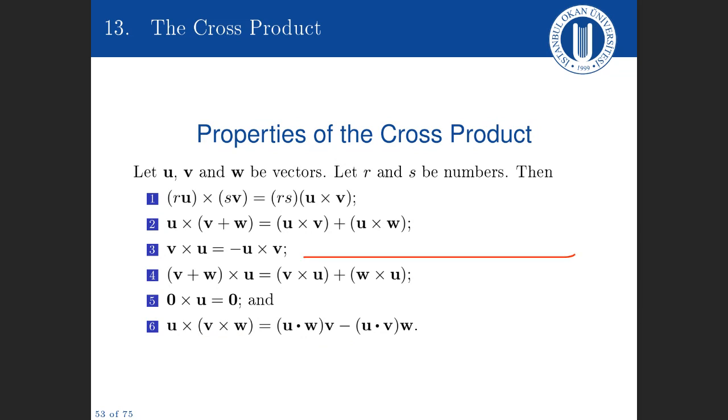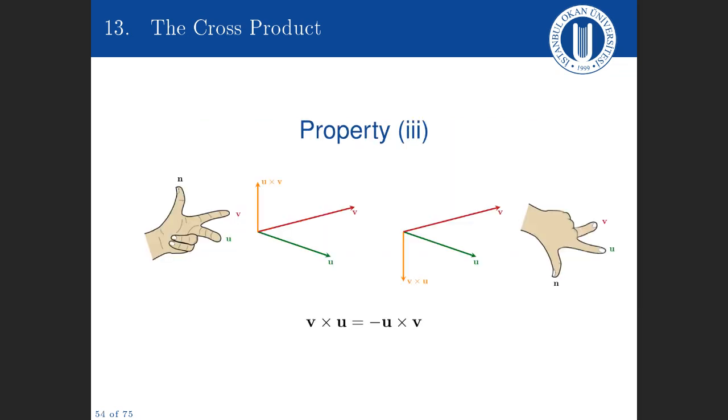Okay, let's talk about property 3. When we swap the order of U and V, why do we get a minus sign? Well, think about it like this. On the left picture, we use our left hand. We hold our left hand up so that our second finger is pointing in the same direction as U. Our first finger is pointing in the direction of V. And then our thumb tells us that U cross V is pointing upwards.